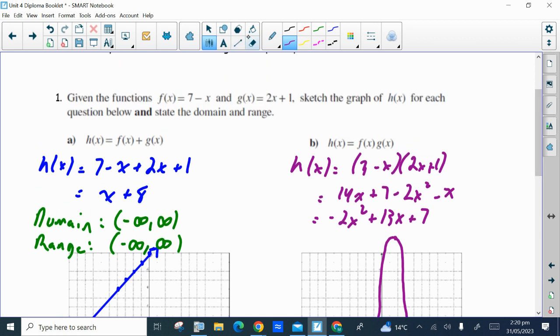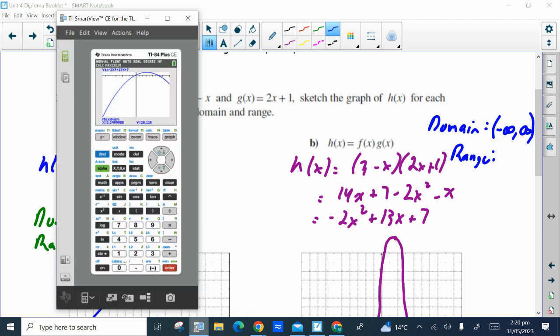So what the calculator is really helpful for is also to state our range. Our domain will be all real numbers, goes left and right forever. But again, if we go to our calculator, the maximum value is 28.125, and the graph goes downwards from that.